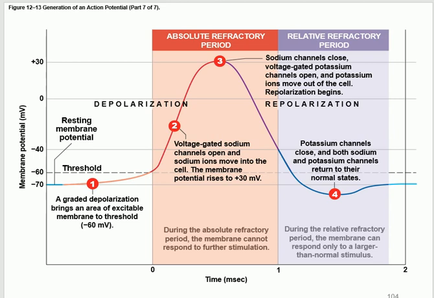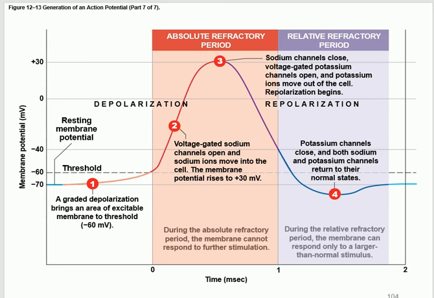Why is minus 60 a magic number? Threshold for sodium gated channels to open. If you reach it, gated sodium channels open, and you get to number 2. What's number 2? Rapid depolarization. Ionic explanation: gated sodium channels already open. So going up all the way until you get to 3.